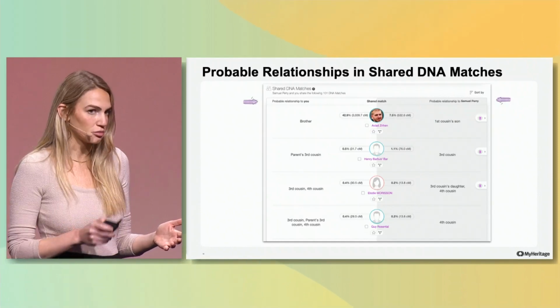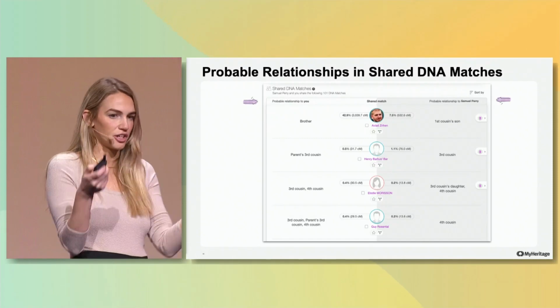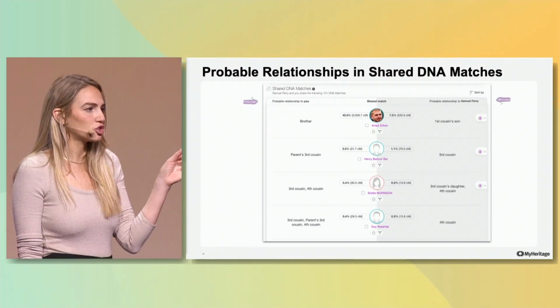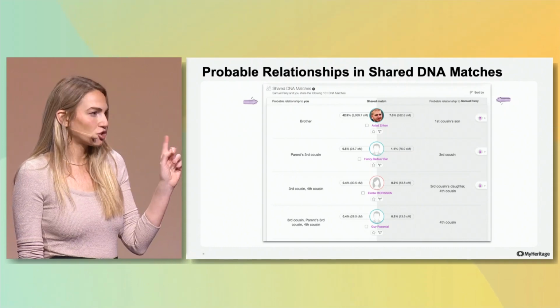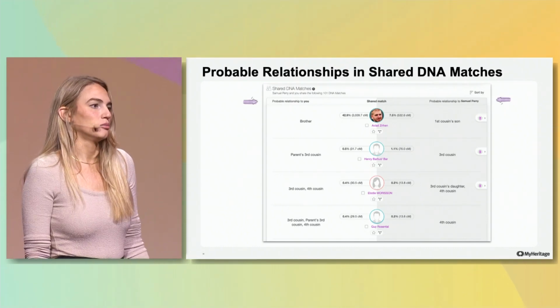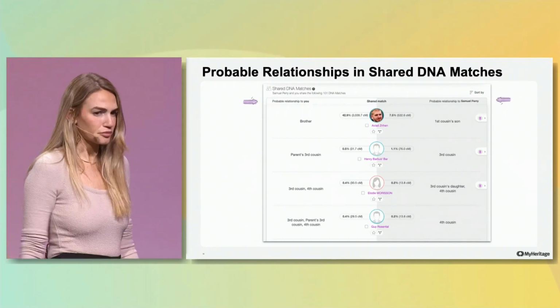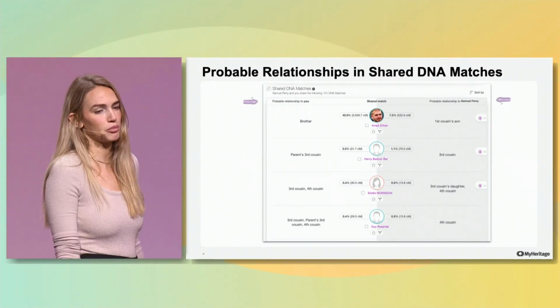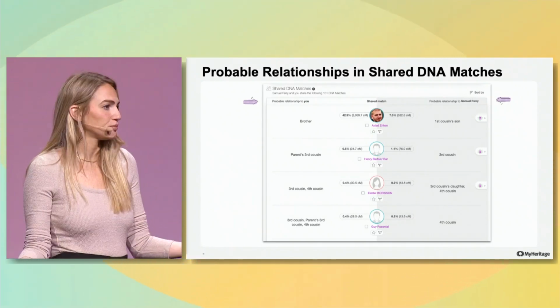And these are important because these are the clues for the family line and the clues to identify this person. And when you go to the shared DNA matches section, you will also be able to see the probable relationship that we found of each one of the shared DNA matches. So that's my example. You can see here, first line, my brother, which is a first cousin's son to Samuel.